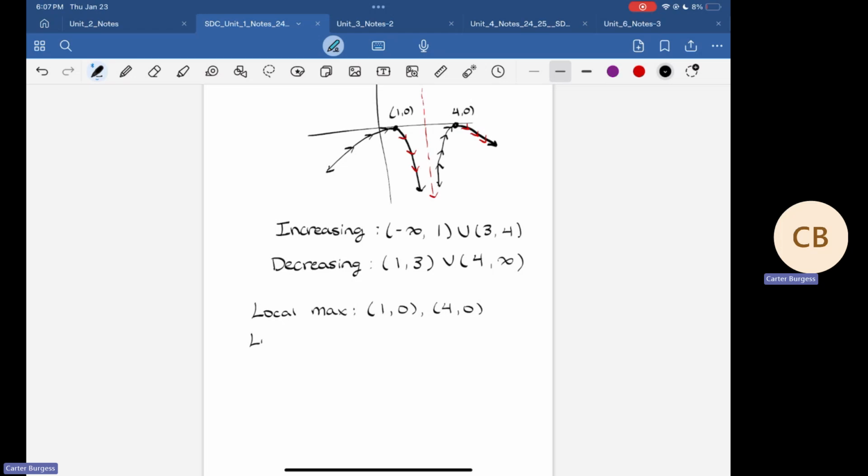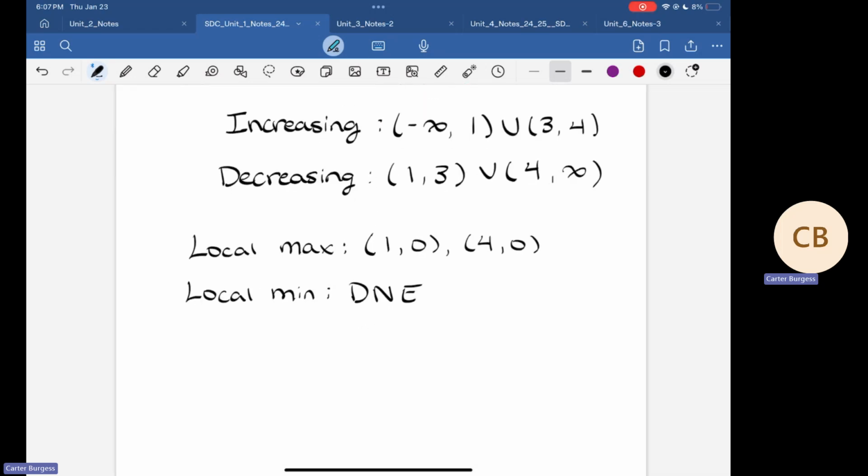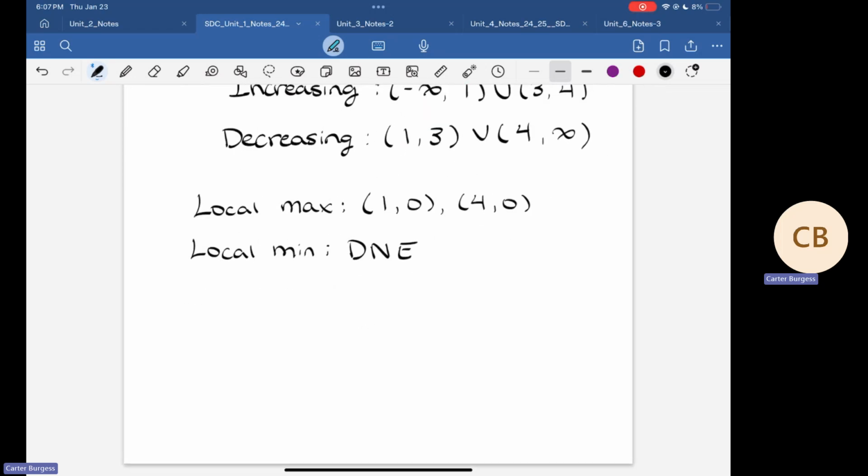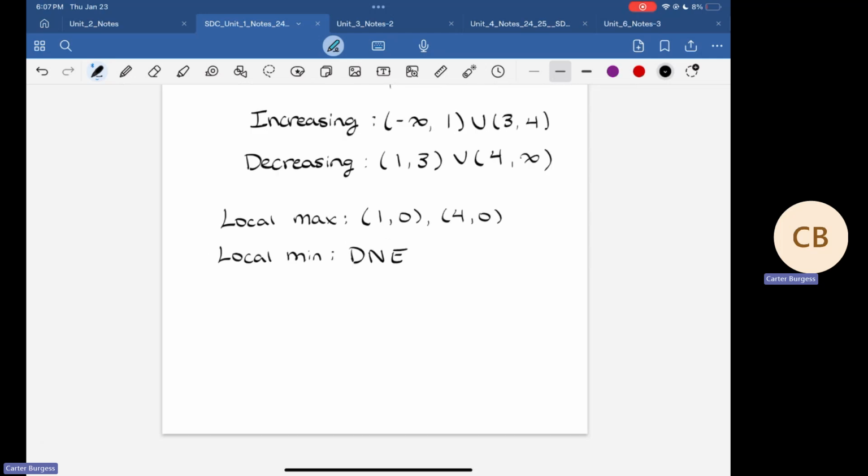As for local mins, I would say we don't have any. There is no point that we can point to and say definitively this point is smaller than everything else around it. I can always find a point that is smaller close to that point.